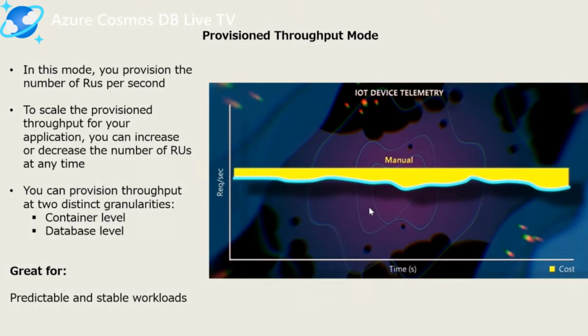Let's say I started my application with 1,000 RUs per second, and now I see that traffic is more than what I expected. It's very easy in Cosmos DB: with just one click, or just one API call, you can change the throughput setting.